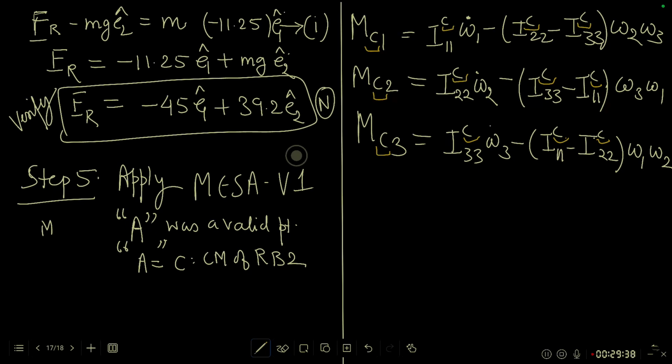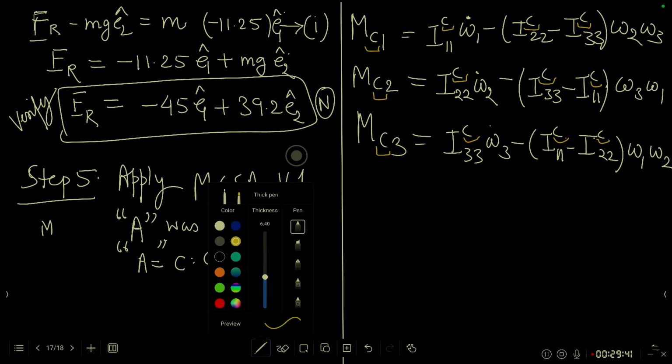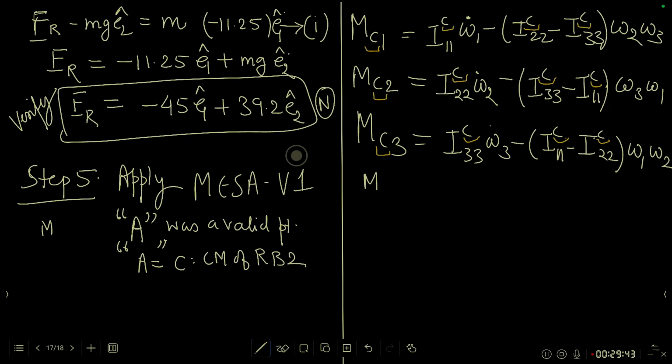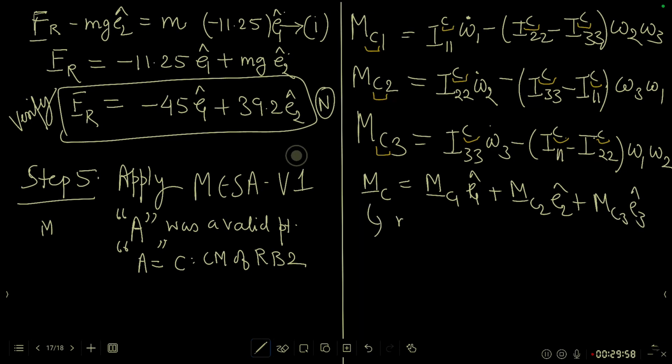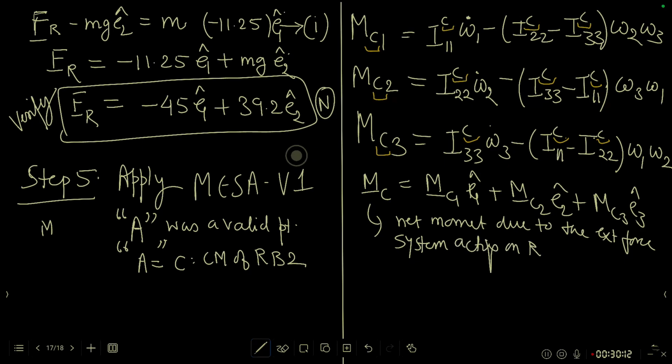They must be the scalar components of this vector, where this is the net moment due to the external force system acting on RB2 about point C. Let's go back to the FBD to find what MC would be in this problem.